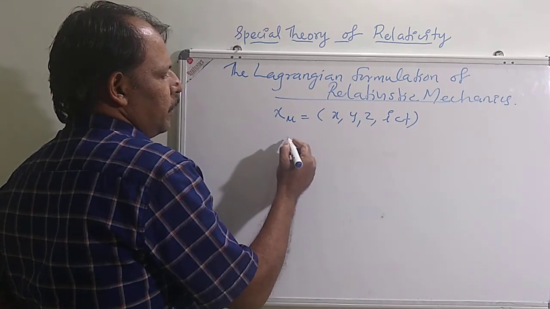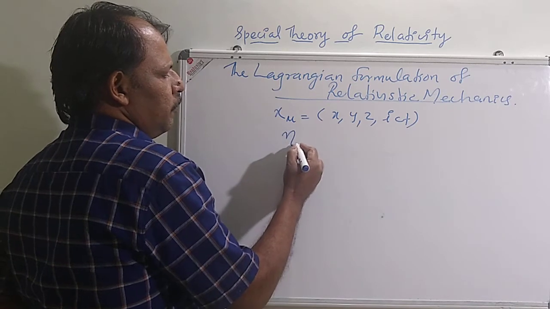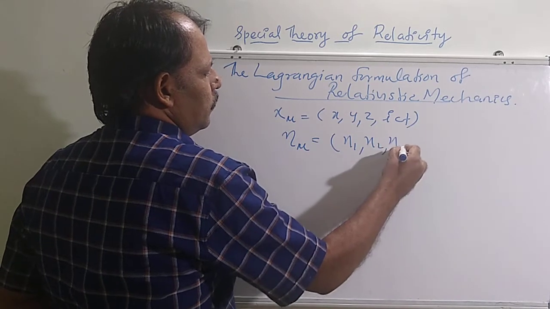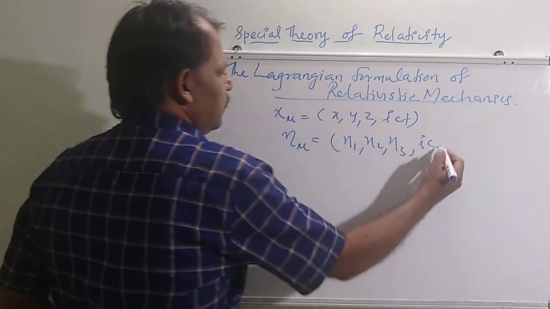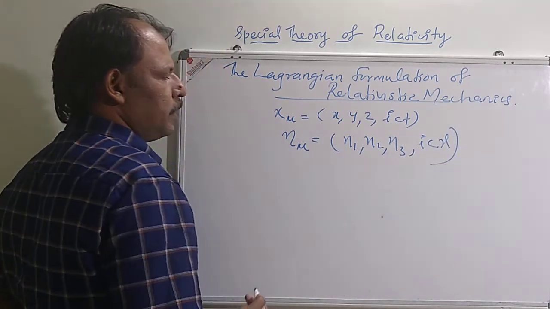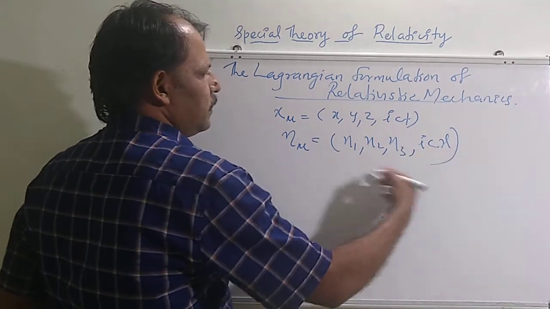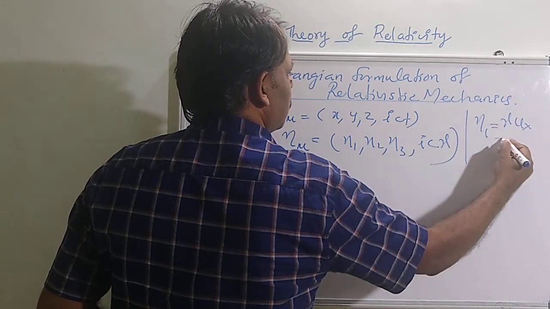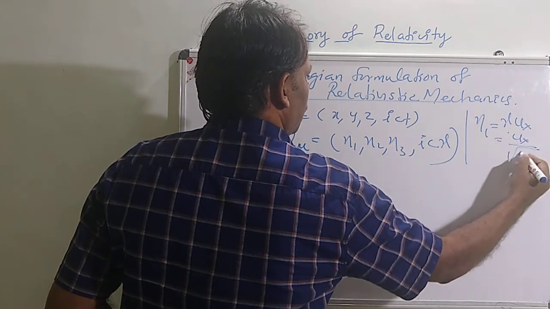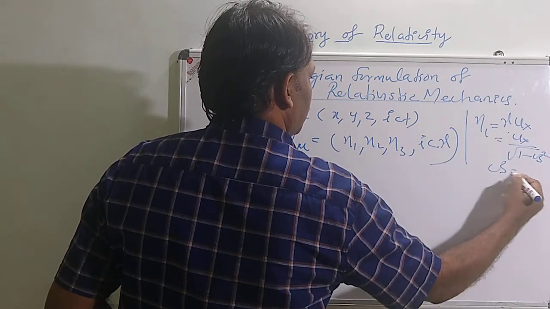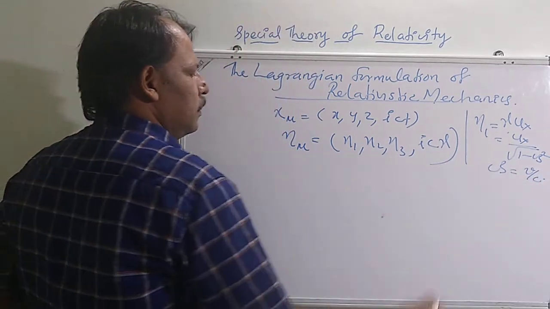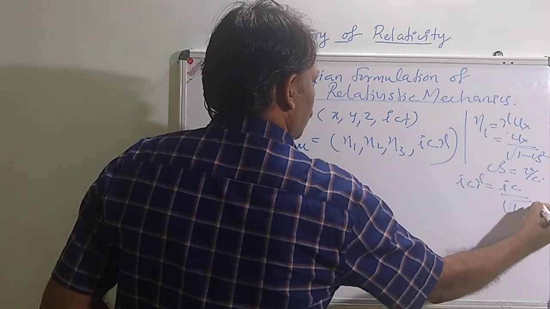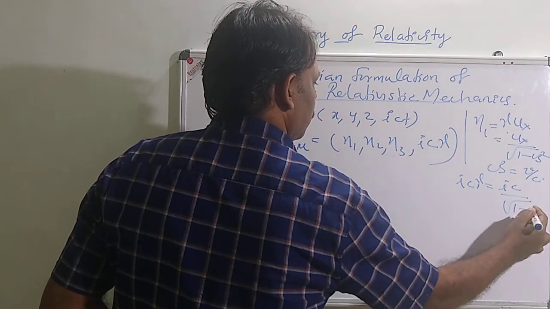That four velocity is given by, we have given the symbol eta for the velocity four vector: eta 1, eta 2, eta 3, and the fourth component is icγ. Here eta 1 is γ ux, where γ is 1 by root of 1 minus beta square, with beta equal to v by c, and the fourth component is icγ, or ic by root of 1 minus beta square.